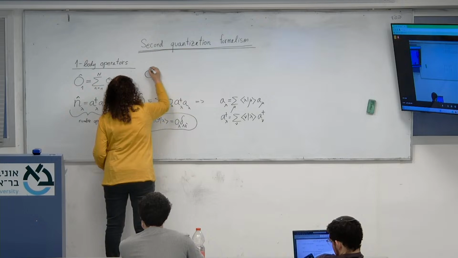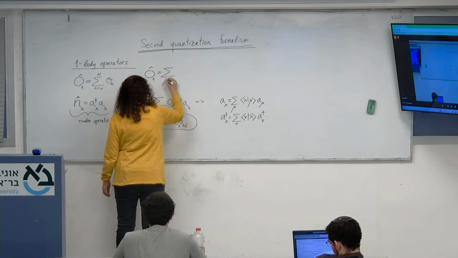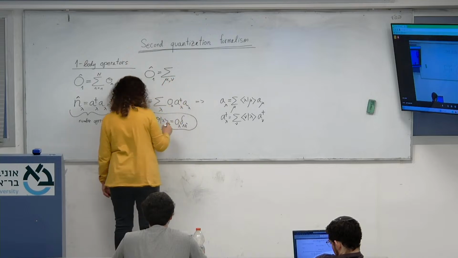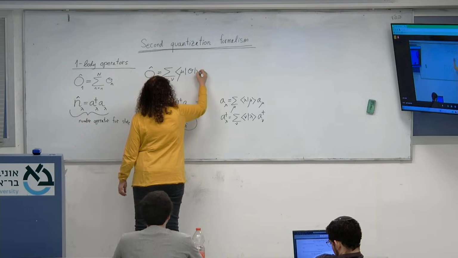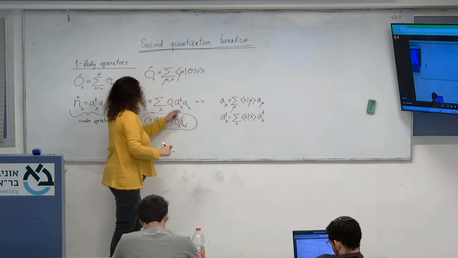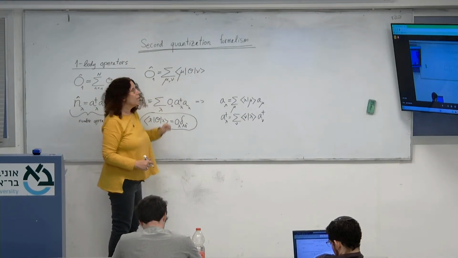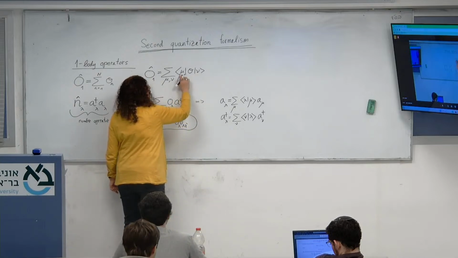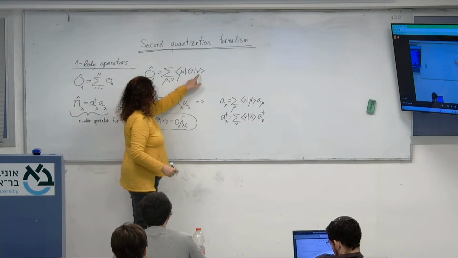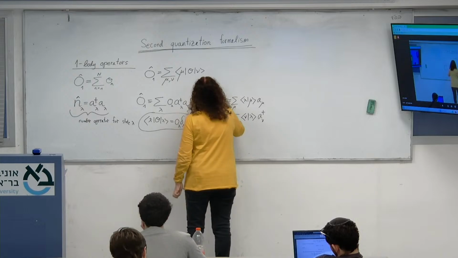So O1 is a sum over mu and mu prime. There are two indices generally. This little o is acting on only single particle states, and this is a matrix element between mu and mu prime, which belong to the same set, but they are different in general from each other.